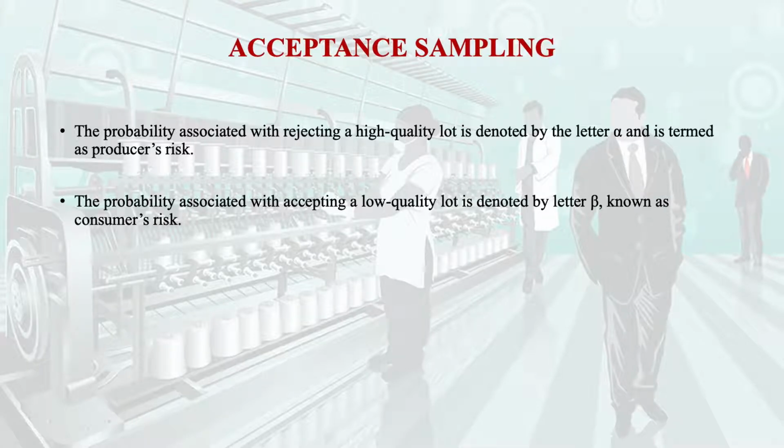The probability associated with accepting a low quality lot is denoted by the letter beta, known as consumer risk. Every consumer will like to reject a low quality lot. But it is always possible that in the selection of a sample we take a low quality lot and accept it, and that falls under beta, which is called the consumer risk.